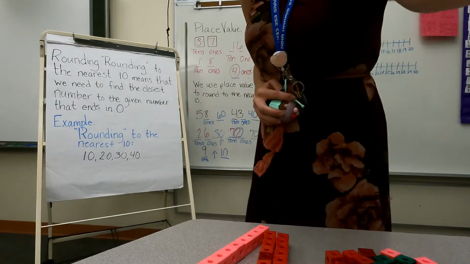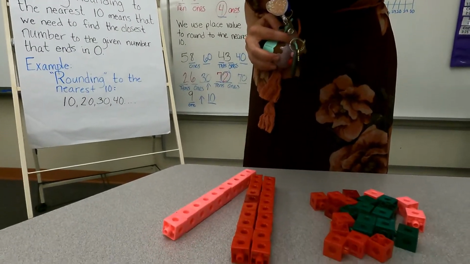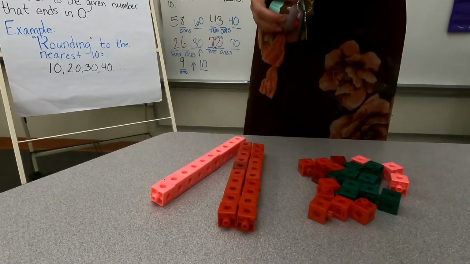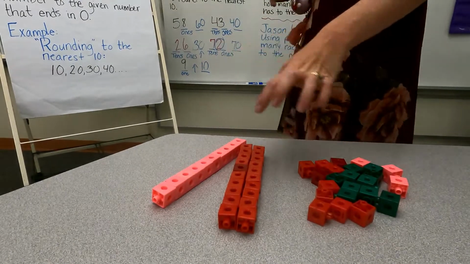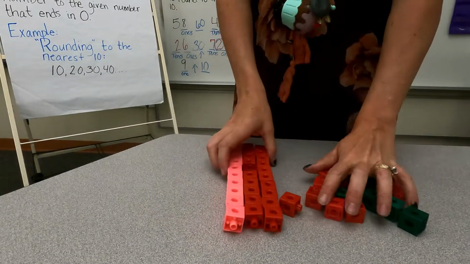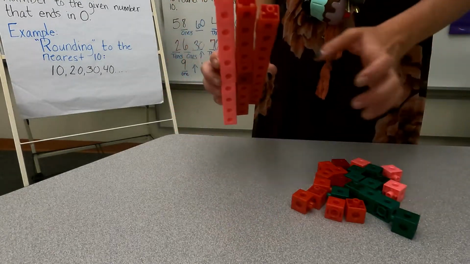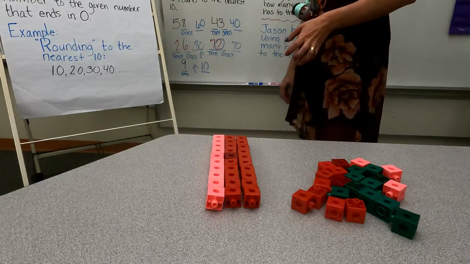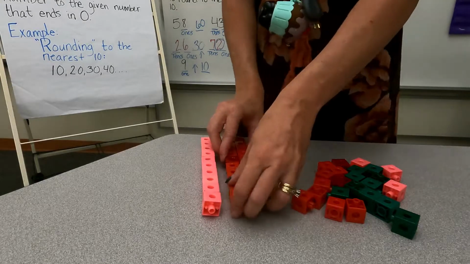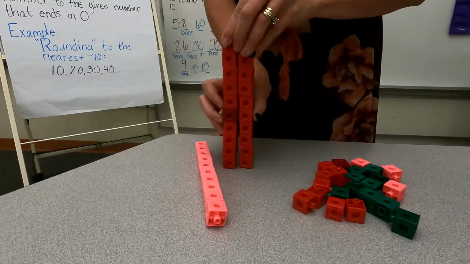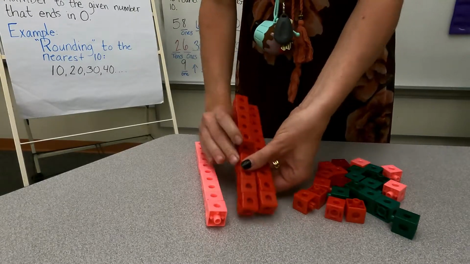Students can also use manipulatives to learn how to use place value to round to the nearest 10. So if I provided students with base 10 blocks and I gave them the number 27, they could build 27 with the base 10 blocks.